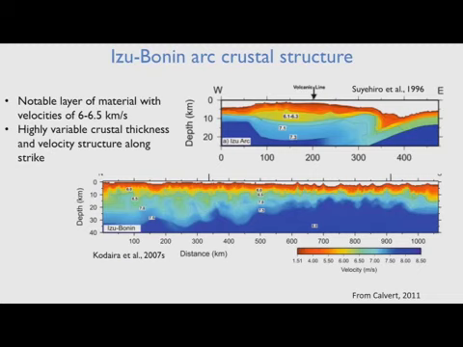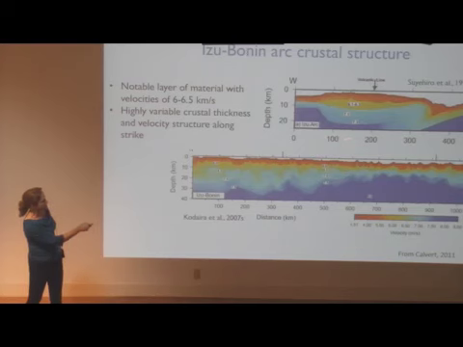And so maybe the best studied island arc that we have in terms of refraction imaging is the Izu-Bonin arc. What I'm showing you here are velocity models across that arc. So you can see the subducting plate, and this is the main volcanic lineament here. And again, it's contoured by velocity, so this is all the crustal section, and then this is the upper mantle.